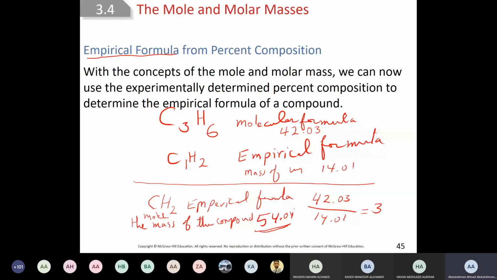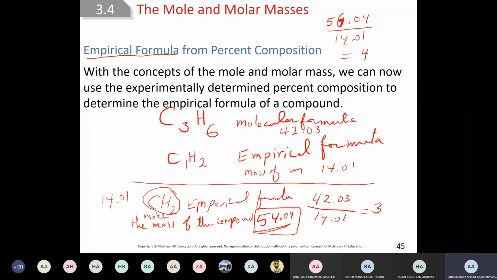56.04. To find the relation between them, divide 56.04 by 14.01. What's the answer? Isn't it supposed to be 56? Let me see. Yes, it should be 56. Sorry, I agree.